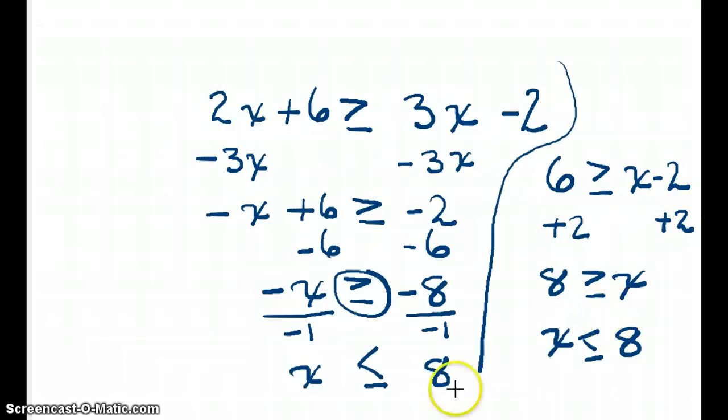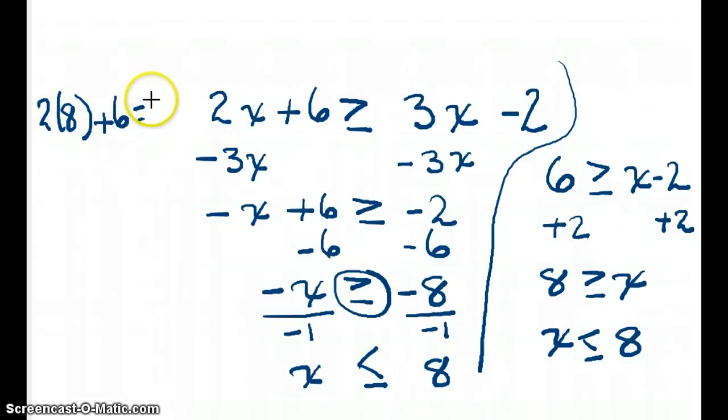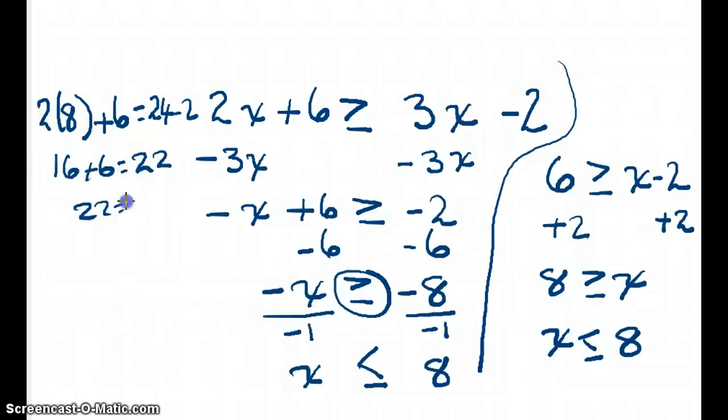Okay? Check step. How do I do the check step? Well, my value is 8, so it's 2 times 8 plus 6 equals 3 times 8. I'm just going to write 24 for you there. Minus 2. 2 times 8 is 16 plus 6 equals 22. 22 equals 22. X is less than 8.